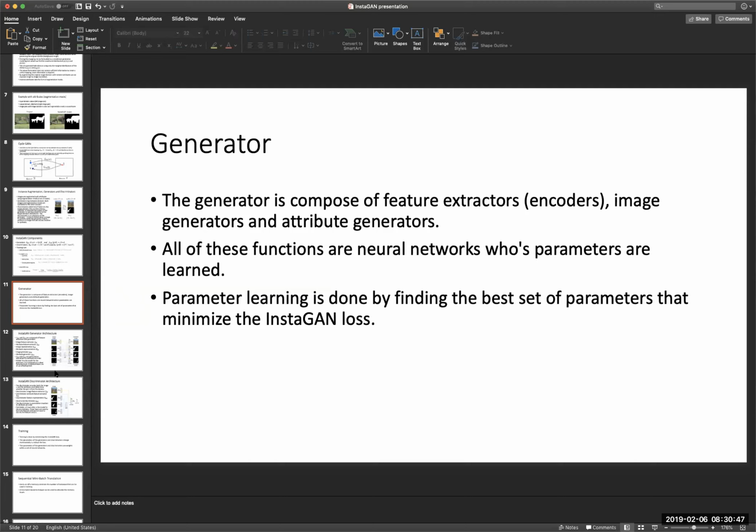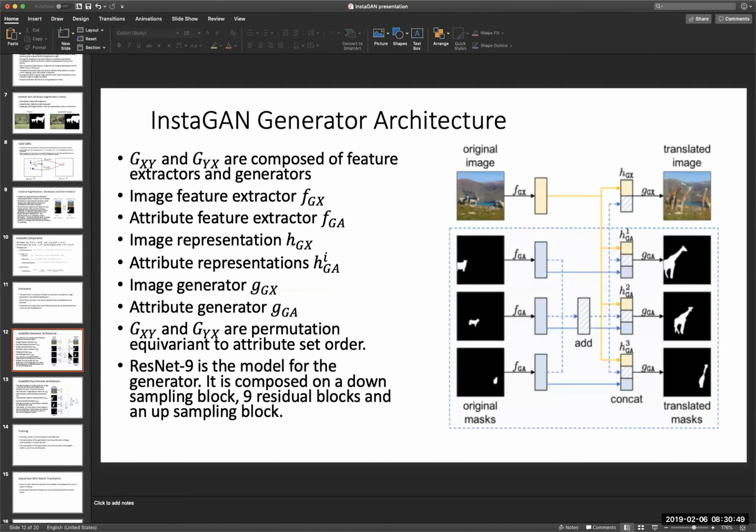So that's fairly typical of machine learning. So this diagram is from the paper, of course, and I'll go through it in detail. I think it gives you a pretty good idea of the computation that needs to be performed.